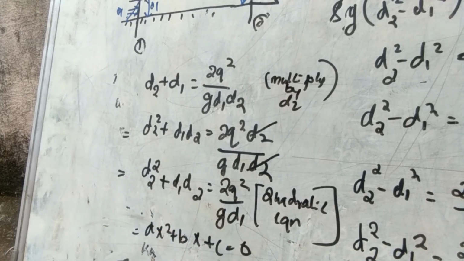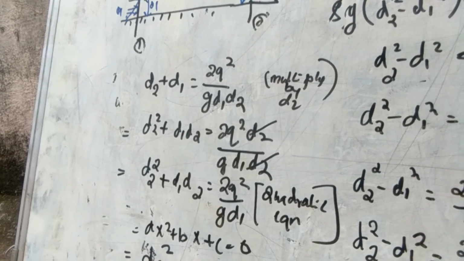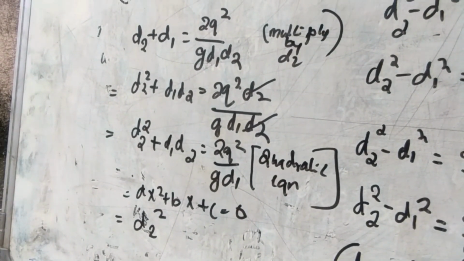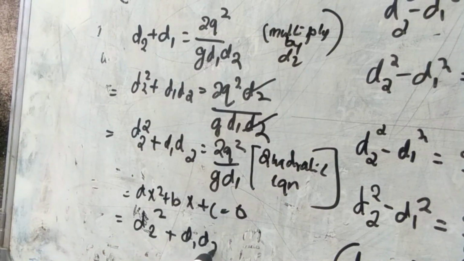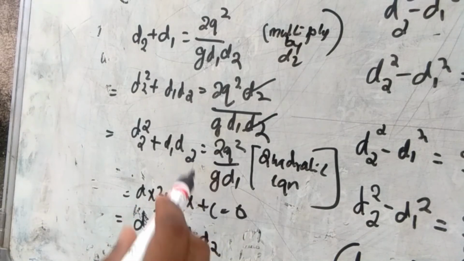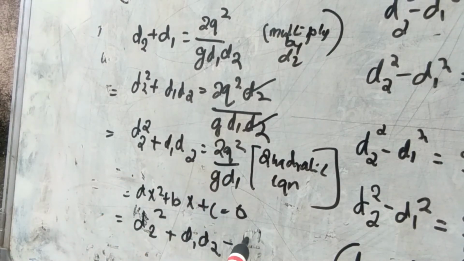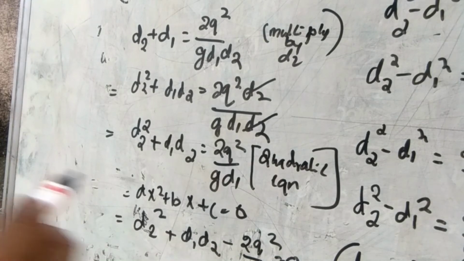Here d2 square plus d1 d2, bringing this term to this side, minus 2q square by g d1 is equal to 0.